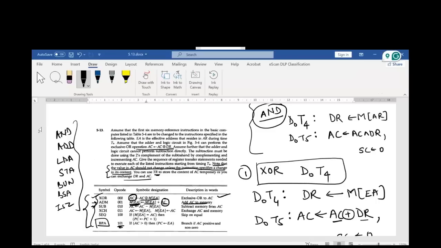So this was just an example. Once you know how to write register transfer statements, for any instruction given to you, you will be able to frame the register transfer statements for it. Fine. So if you have any doubt in any of these, you can let me know.